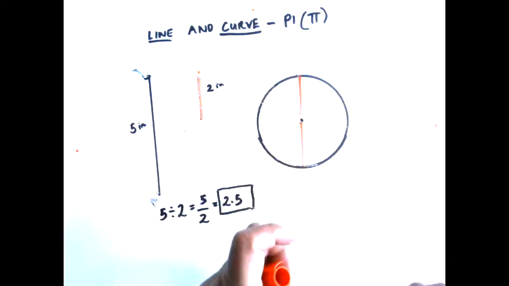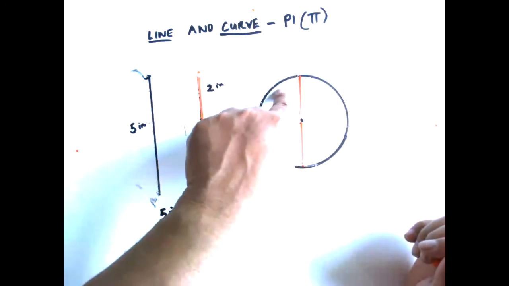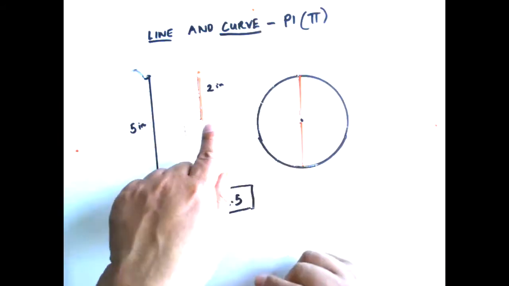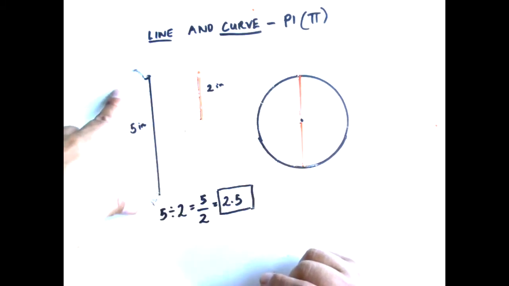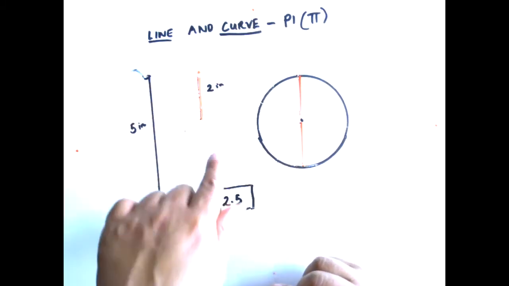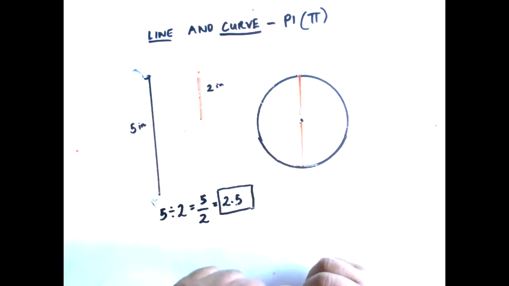So here we have a straight line and a curved line represented by the circle. And in here we have a straight line and another straight line. And the relationship is basically the red line goes to the black line 2.5 times.